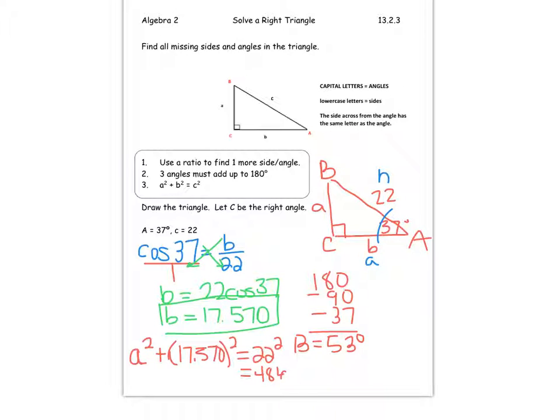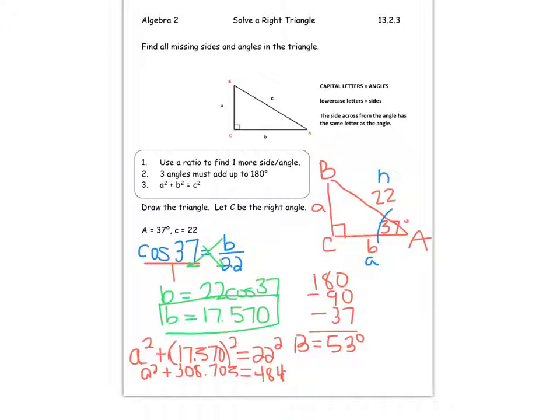And 17.570 squared is 308.705. A little bit of rounding there. And so I will have to subtract and take a square root. I'm really low on space, aren't I?